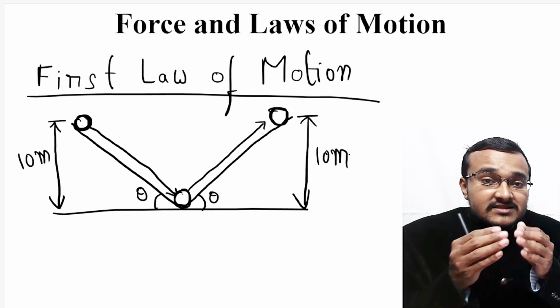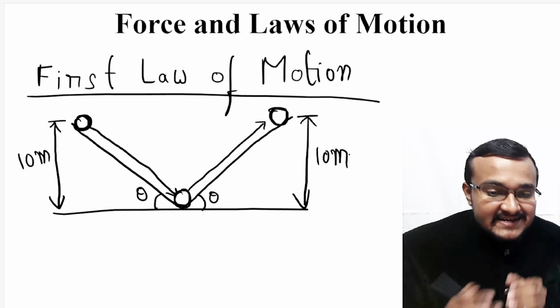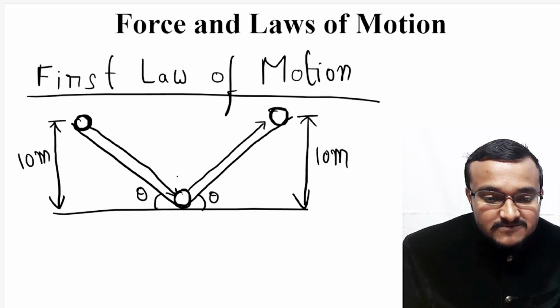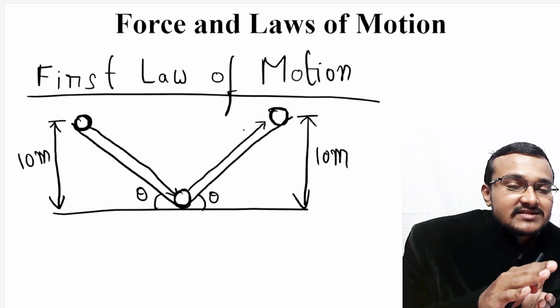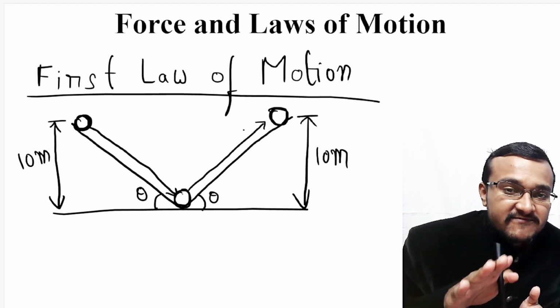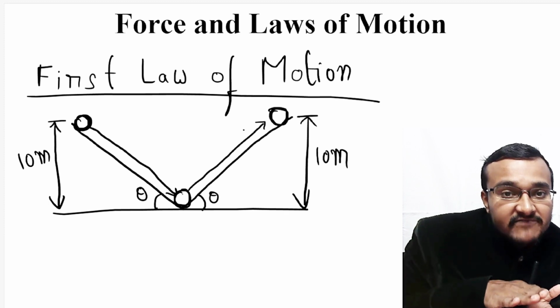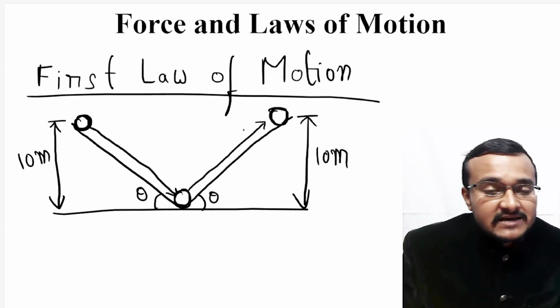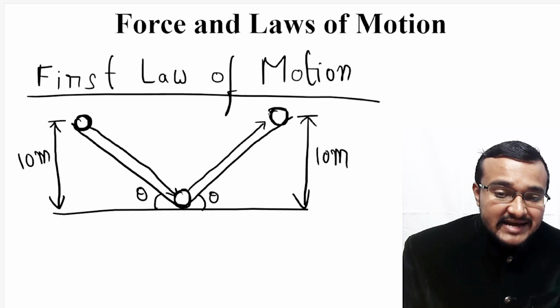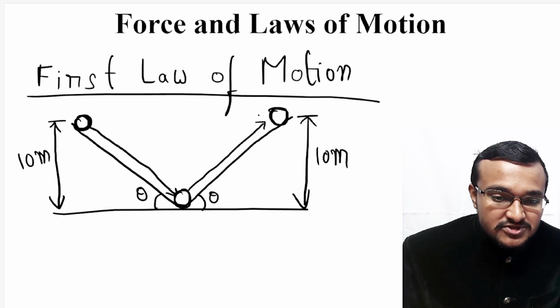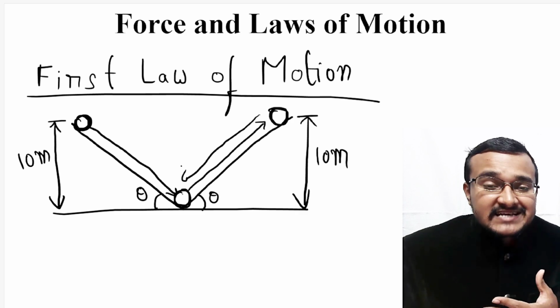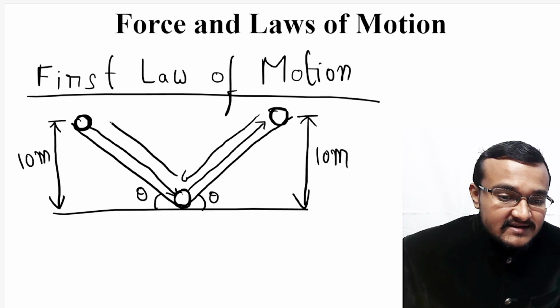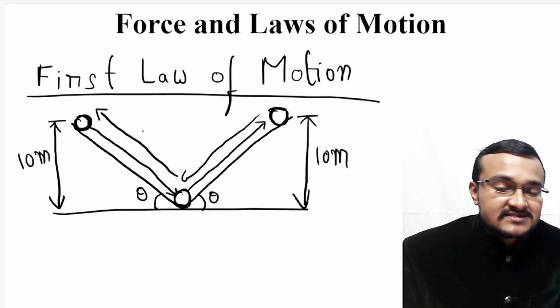That means the velocity which it gained while rolling down this plane, with the same velocity it tries to climb the other inclined plane, and as it goes on climbing, because of the gravitational force acting upon the marble, the velocity goes on decreasing. It reaches the maximum height, and again due to gravitational force it comes back to this position, and because of the velocity it has gained, it will again climb the other inclined surface and reach the same maximum height.